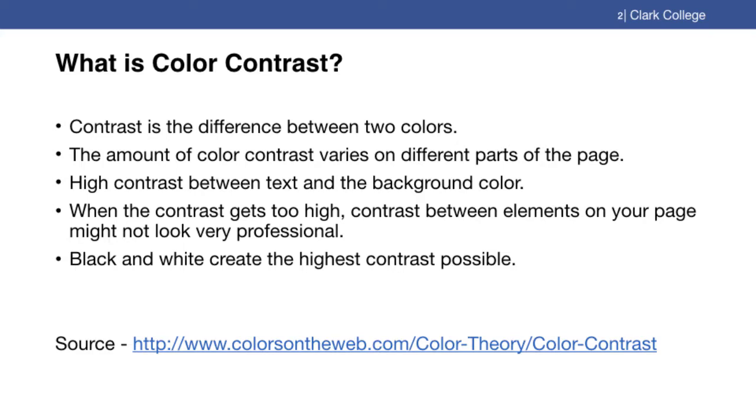Now, what you want is a high contrast between the text on your web page and the background color of the element that it's contained on or within. And just know that when the contrast gets too high, the contrast between the elements on your page may not look very professional. So it takes a lot of balance between design and getting the proper color contrast ratios, which I'll talk about on the next slide.